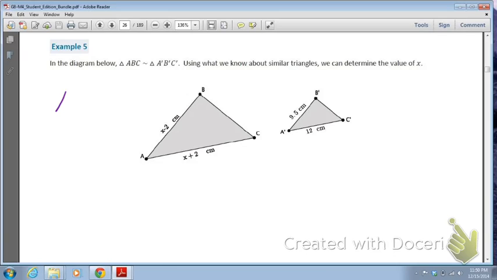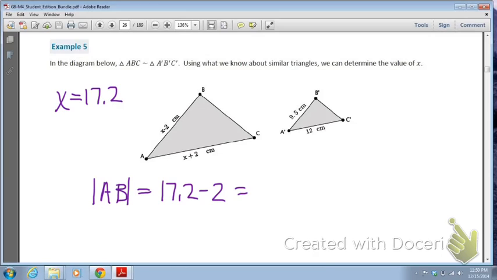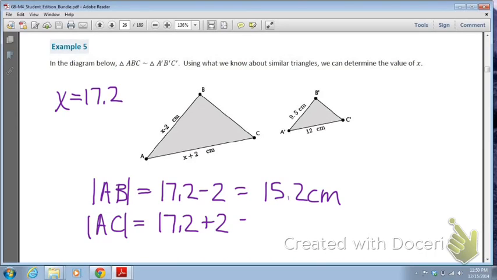So if x is equal to 17.2, then the length AB would be equal to 17.2 minus 2, or 15.2 centimeters, and length AC would be 17.2 plus 2, which would be 19.2 centimeters.